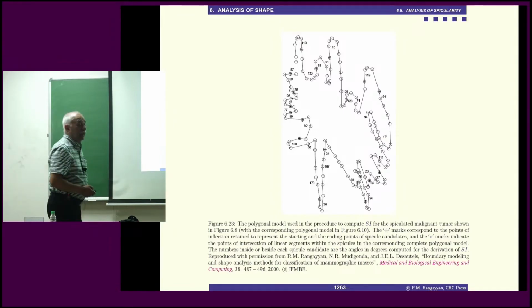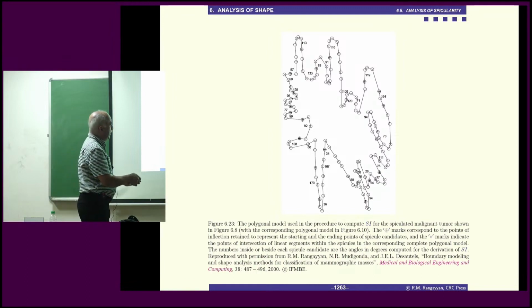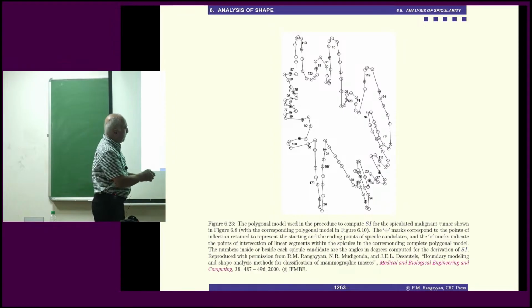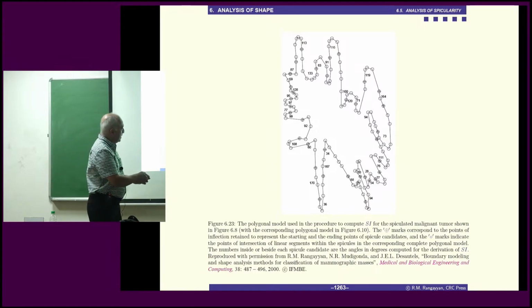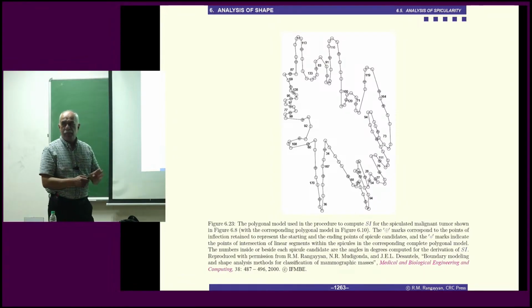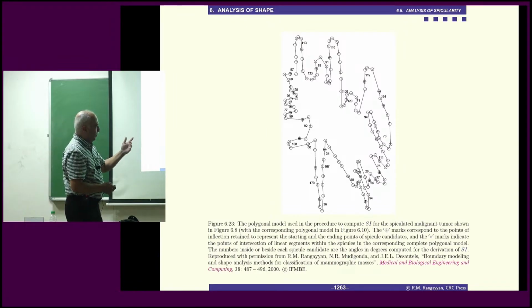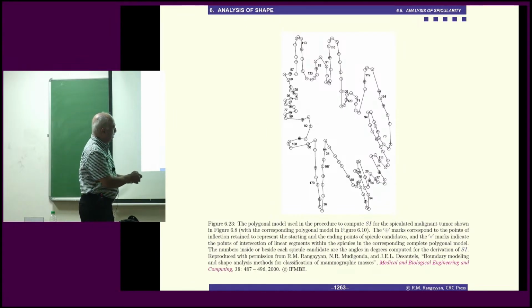So here is that malignant tumor again, and we have a spicule here between points of inflection. The plus marks are points of inflection. These are additional vertices of the polygonal model. If you consider this spicule, the angle contained here is 36 degrees. But to measure the angle, we need to put some rules here, do some processing, because it's not just two lines.